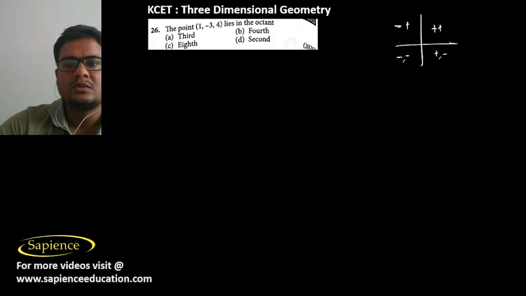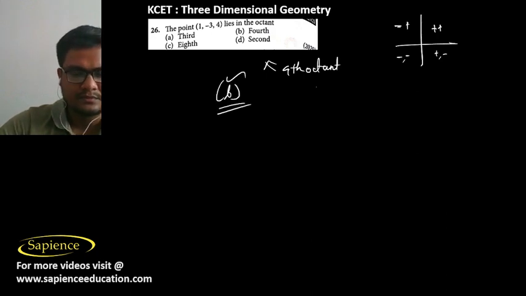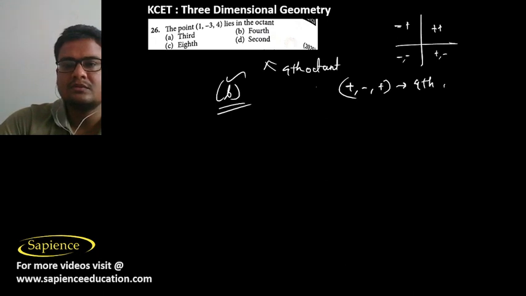So here the x coordinate is positive, y coordinate is negative, z coordinate is positive. So it will lie in the fourth octant. If it is plus minus plus, then it will lie in the fourth octant, and if z coordinate is also negative, plus minus minus, then it will lie in the eighth octant. So option B is the correct answer.